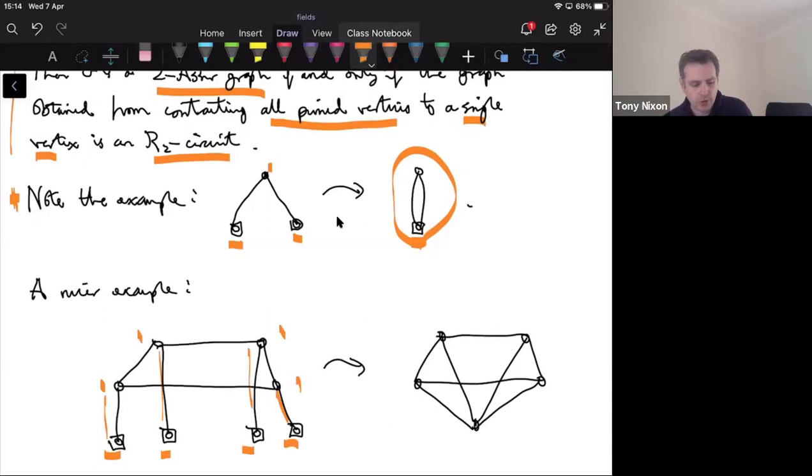And when you contract all the pins, you obviously still have the cycle, and then you have one vertex adjacent to everything on the cycle. So you have a wheel, which is one of the major examples of R2 circuits that we saw way back a couple of months ago in the course.